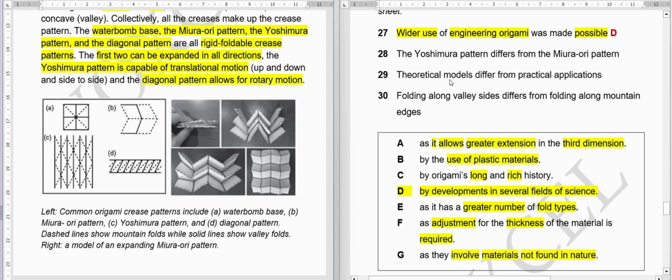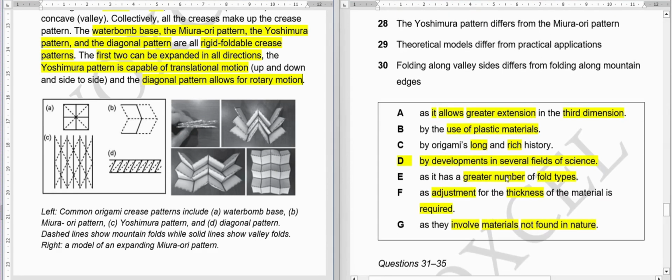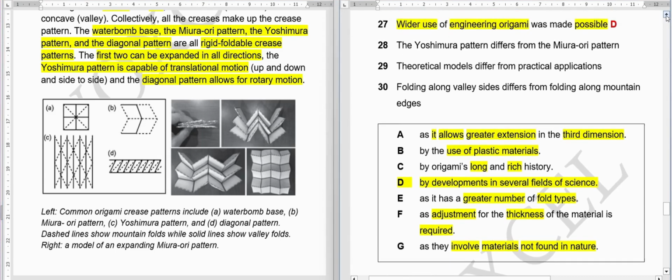The Yoshimura pattern differs from the Miura Ori pattern. Is there an answer here? Of course, we have read these names here. Now you will have around 10 seconds to tell me the answer to this particular question, and your time starts now.